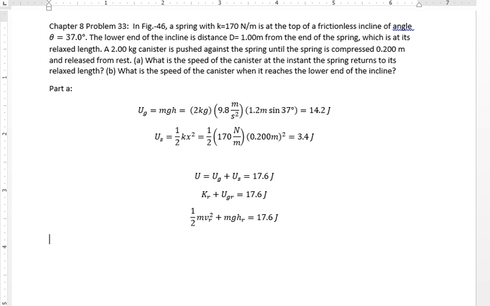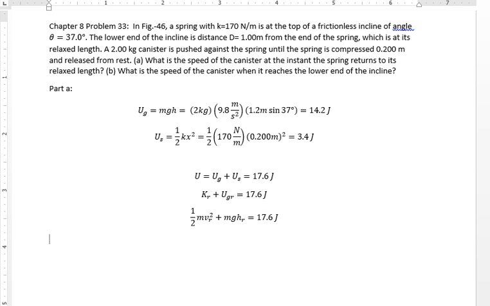They're asking for the velocity v at the release point. This is the linear velocity along the plane. h at the release point is 1 meter times sine of 37 degrees.